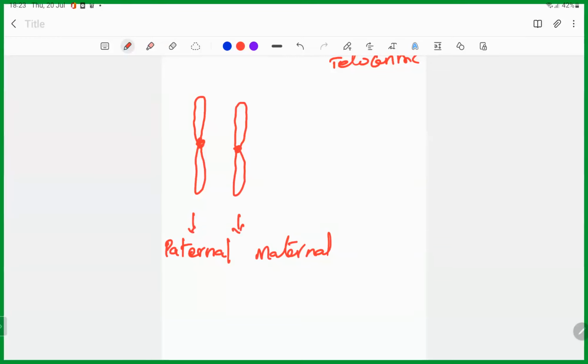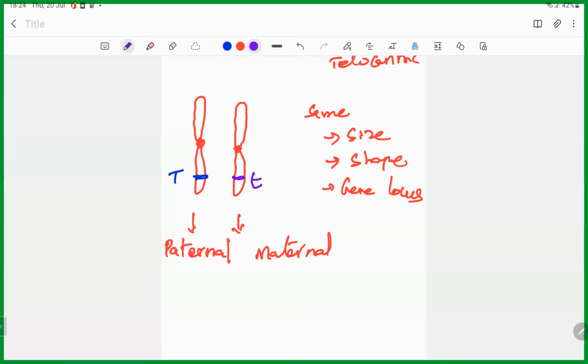See, homologous chromosomes in the sense same size, shape, and gene locus. What is it? Gene locus means location of a gene. For example, here one gene is there, this is T. And here another gene is there.